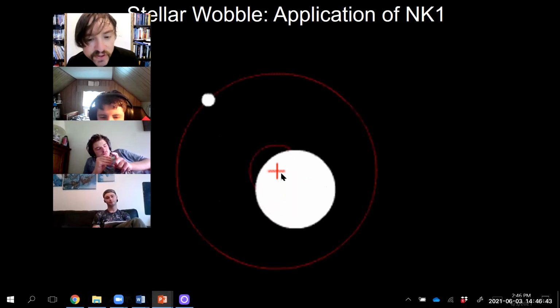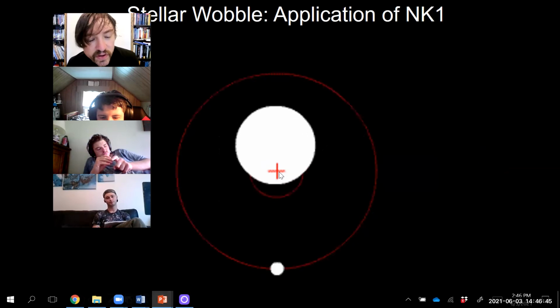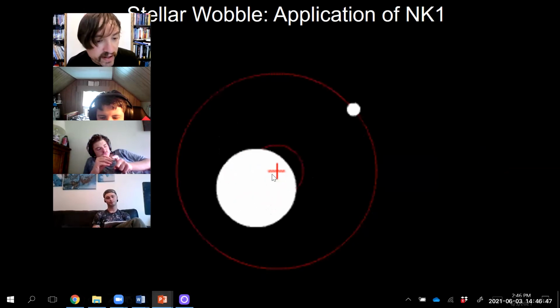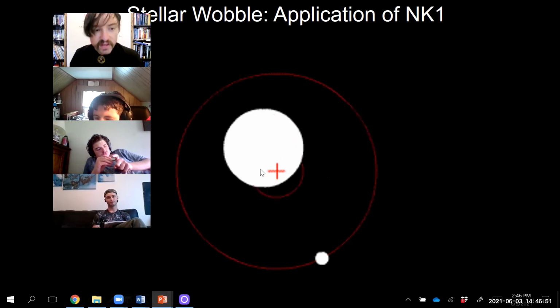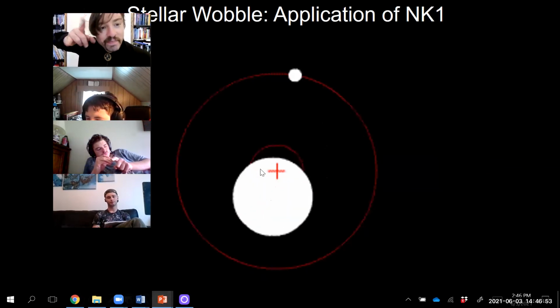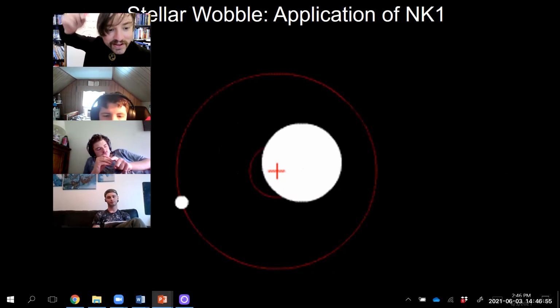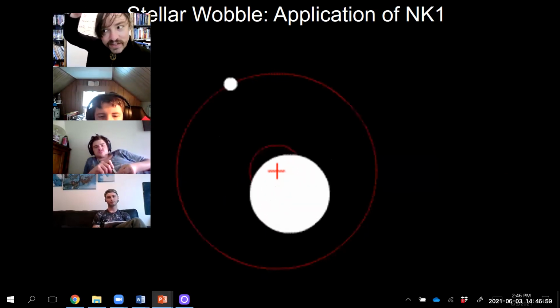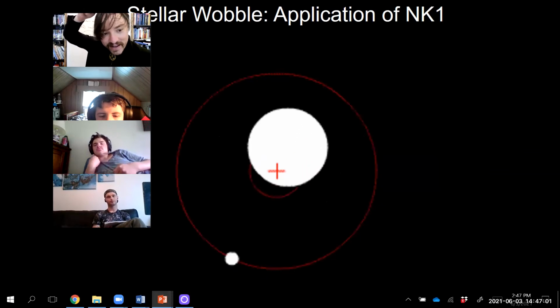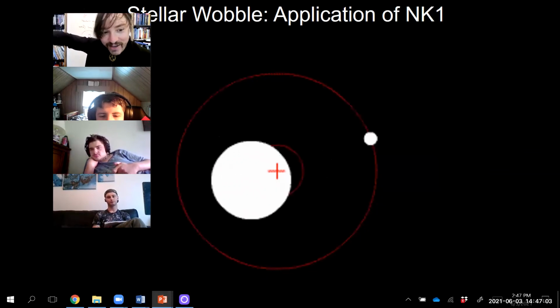The primary source of the sun's wobble is due to the planet Jupiter, which has the greatest mass in our solar system, okay? The second order effect is actually tied between Saturn and Earth. So let's think about this. Saturn's mass is 100 times that of the Earth, right? But Saturn is 10 AU from the sun.